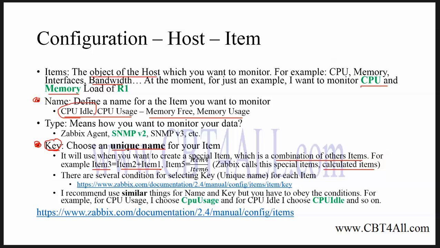When we want to select a name and key, we use similar things as a name for the key because it makes sense. For example, for a name for CPU usage, use CPU usage, and the same for CPU idle, use CPU idle.